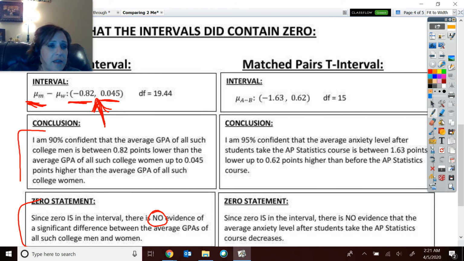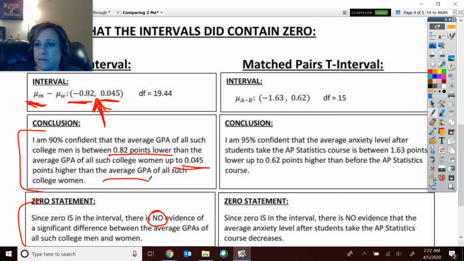So here's how I wrote that. I'm 90% confident that the average GPA of all such college men is between 0.82 points lower than the average GPA of the women, up to as much as 0.045 points higher than the average GPA of all such college women. And so again, no evidence of a difference because zero's in there.